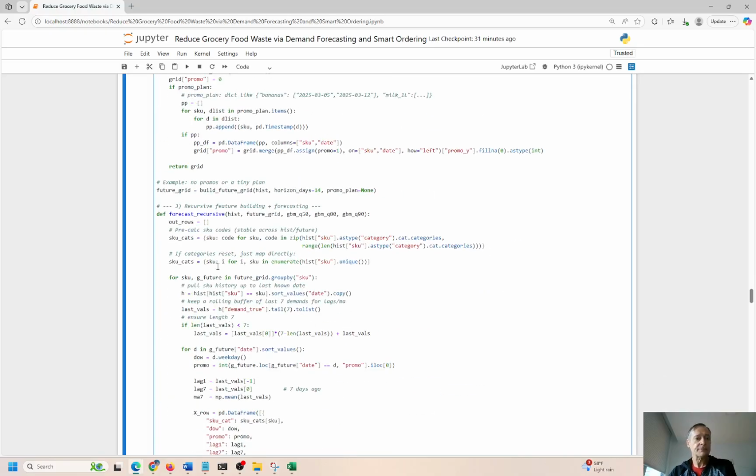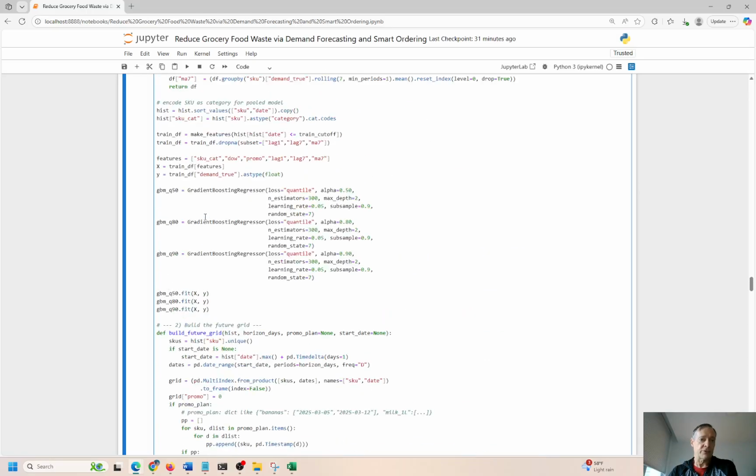So I go down here and run this. I have to create one more UDF to do a forecast into the future. There's one more thing I want to show you too. The gradient boosting regressor right here is the model that we're using. I tried a light gradient boosting, or I tried a couple of others, and it didn't work very well.